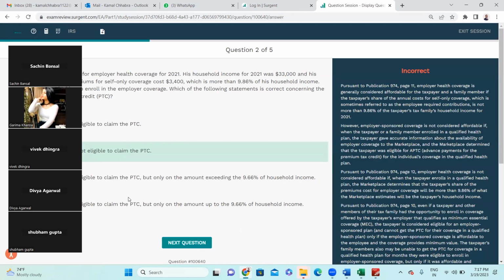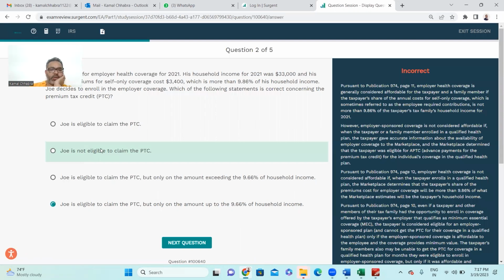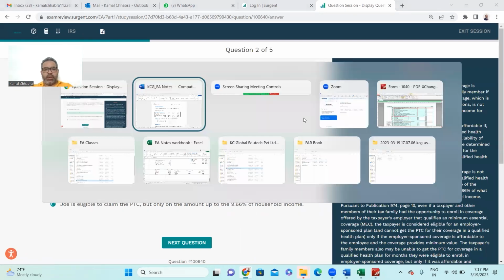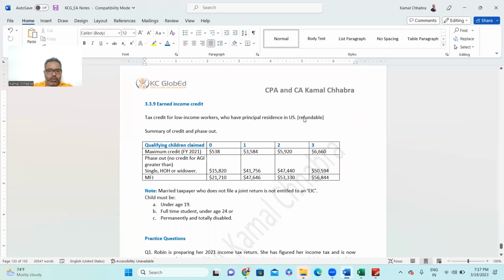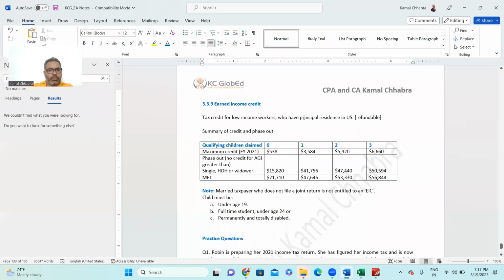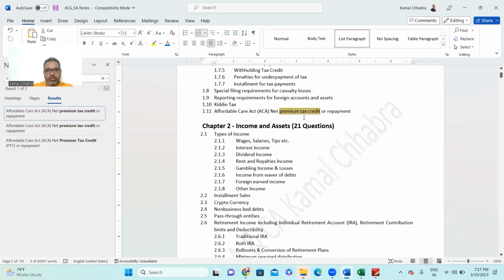That's incorrect. Joy is not eligible to claim PTC. I'm not sure whether we have covered this in notes somewhere. We have covered it in net premium, in chapter 1.